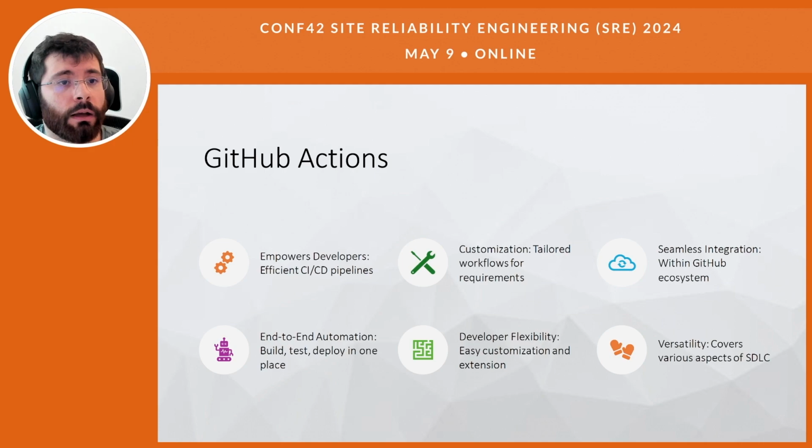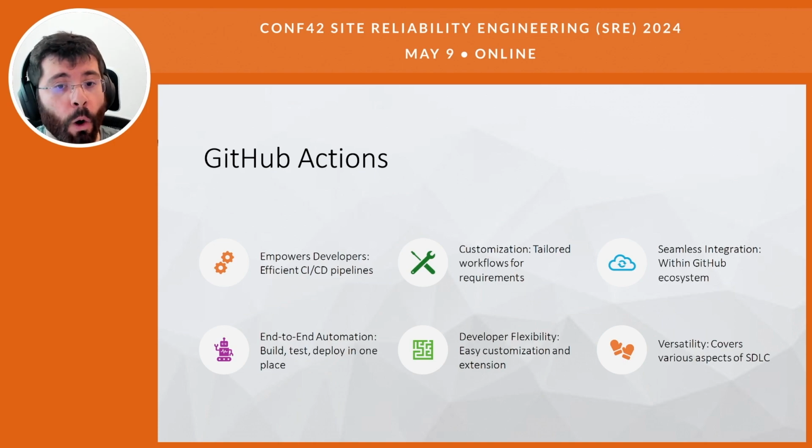But we chose GitHub Actions because it has efficient CI/CD pipelines. You can customize it because it's made in YAML files, it is human readable. The developers can easily extend it or create nice features.